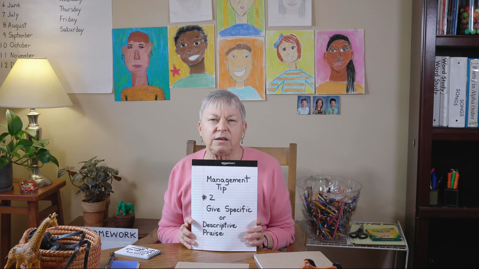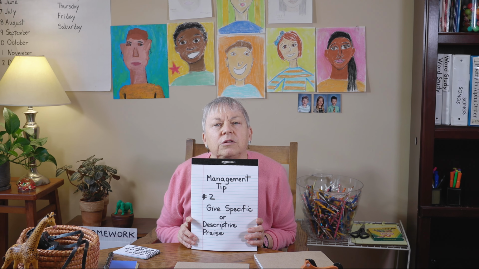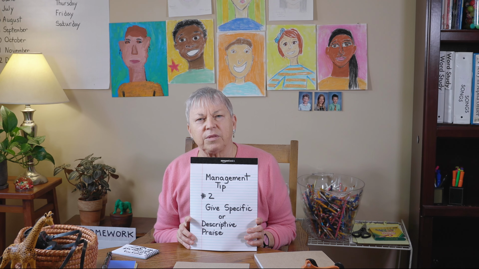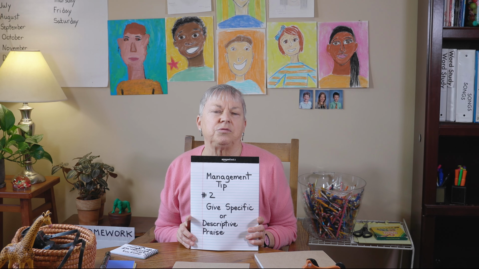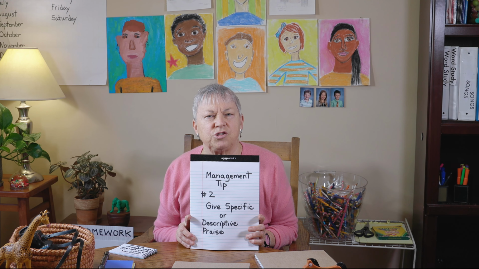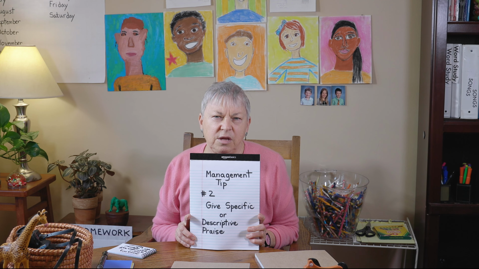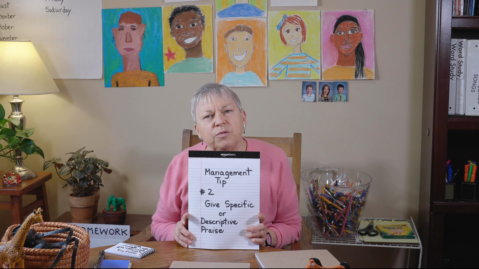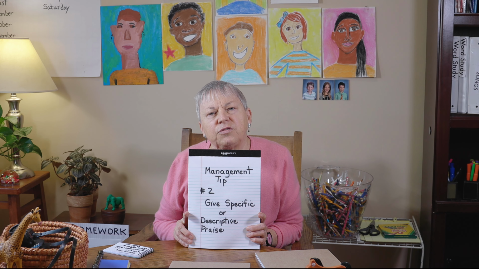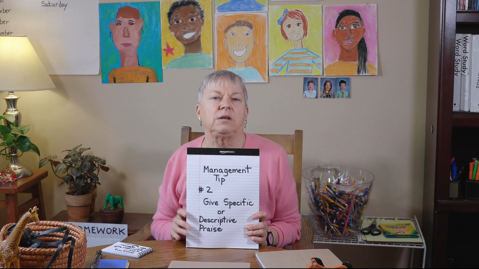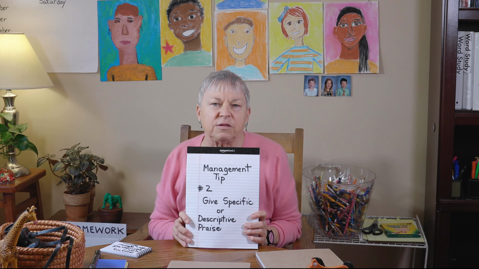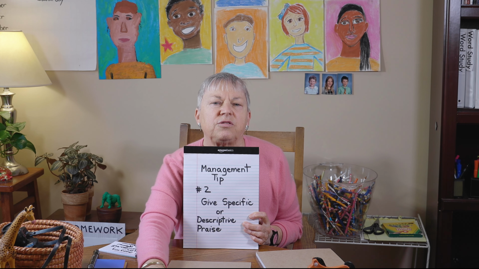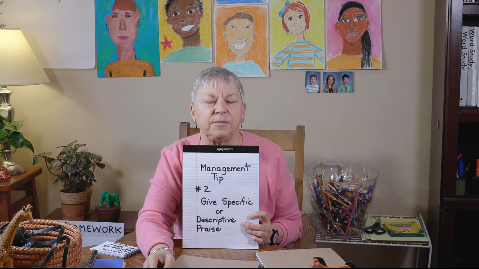So instead of saying, I like your help with your little brother, you could say something like, it was really nice how you took the time helping Jacob complete the puzzle. He really wouldn't have done it if you hadn't sat by him. So if we make it really specific, that tells us what we need to be doing and how it builds independence in us when we learn exactly what we're doing correctly.